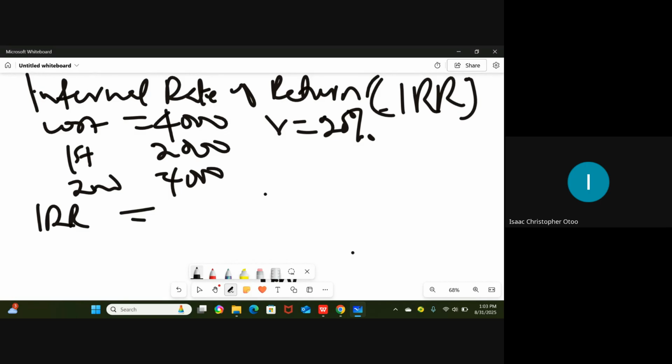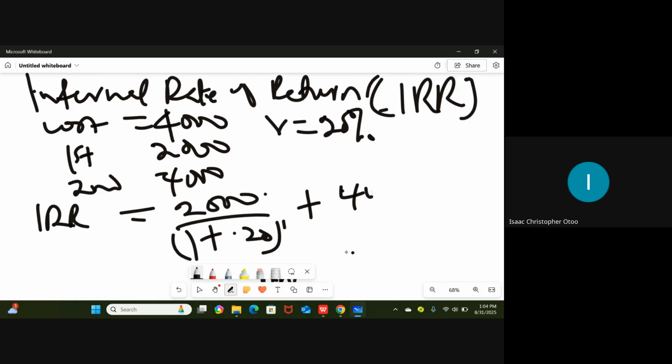So you see the first year is 2,000 over 1 plus 20%, plus 4,000 over (1 plus 20%) squared, minus 4,000.